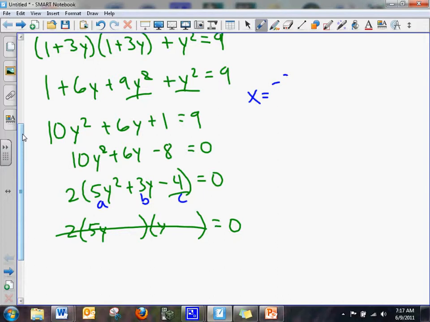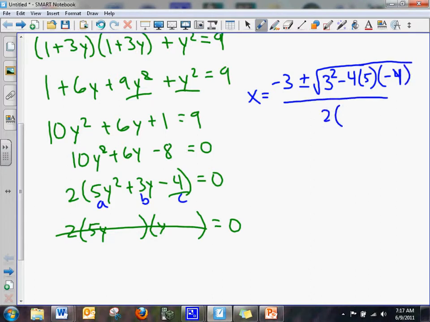Negative B, negative 3, plus or minus the square root of 3 squared minus 4ac, so 4 times 5 times negative 4, all over 2 times a, 2 times 5.